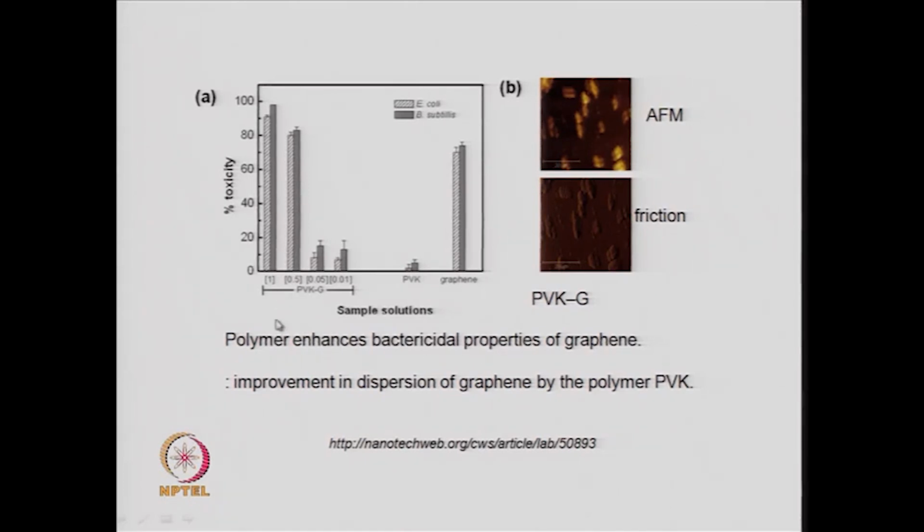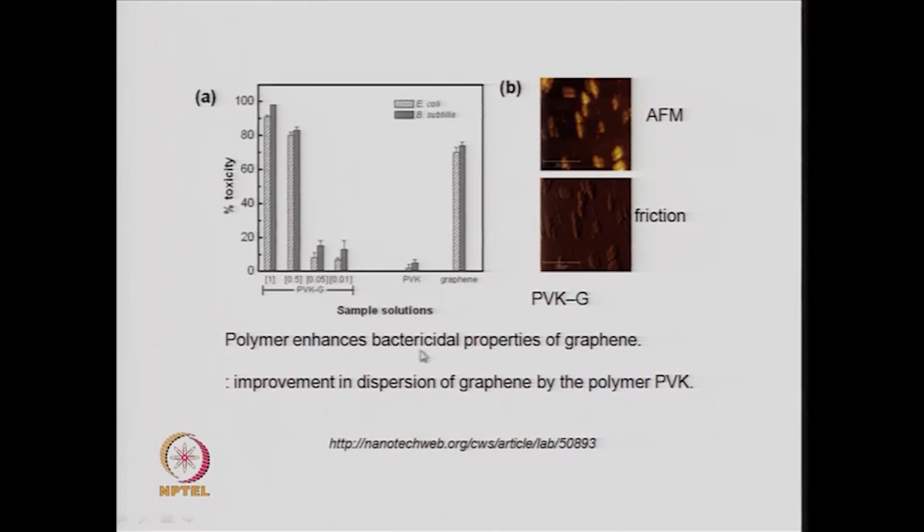So, if you look at pure graphene, that is somewhere here, and the pure graphene acts on E. coli, and you can see that it is around 70% toxic to E. coli, whereas for another microorganism, B. subtilis, that is a little higher.